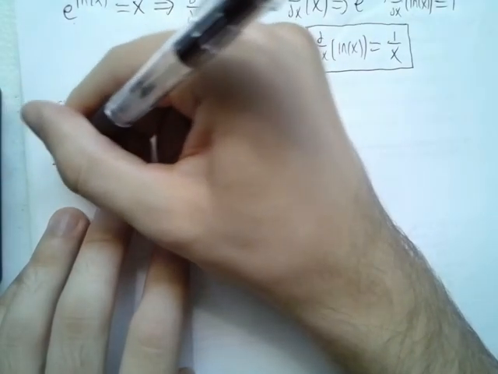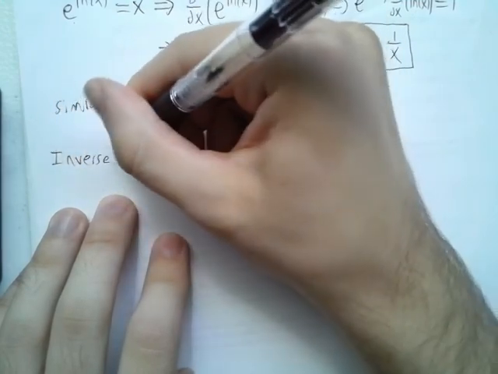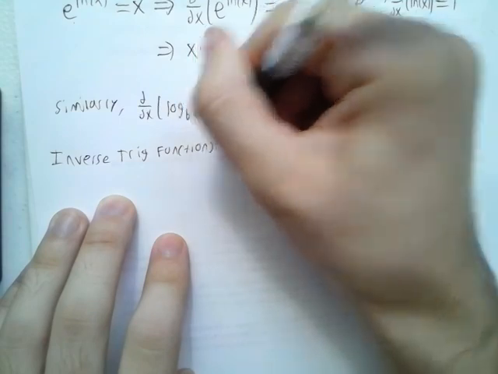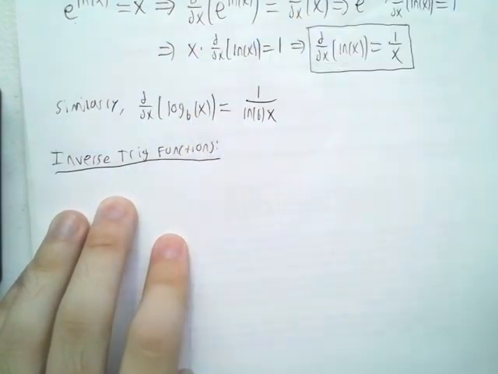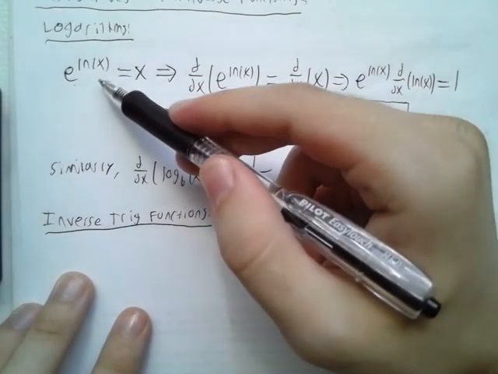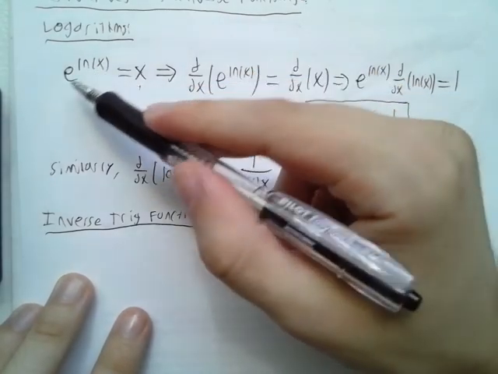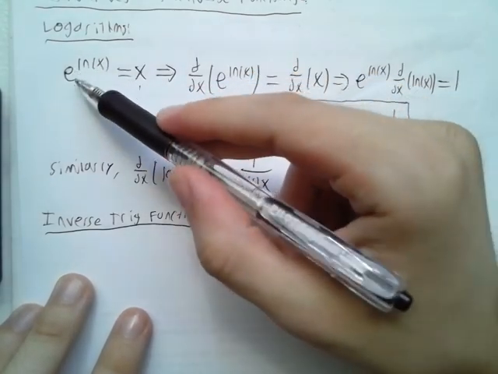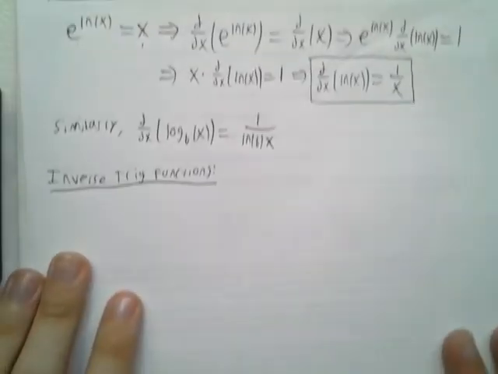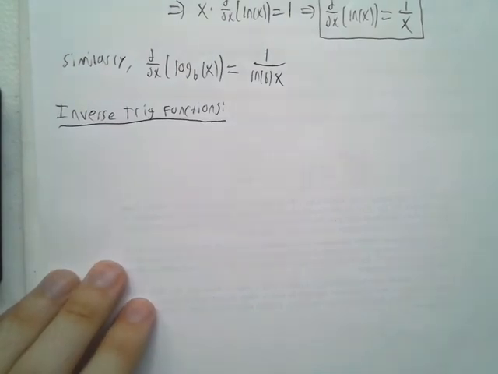Now let's look at inverse trig functions. So if you look up here, we're going to use the same trick as what we did for log. We started off by saying the function applied to the inverse function is equal to x. So let's suppose we want to find the derivative, for example, of arc cosine of x.